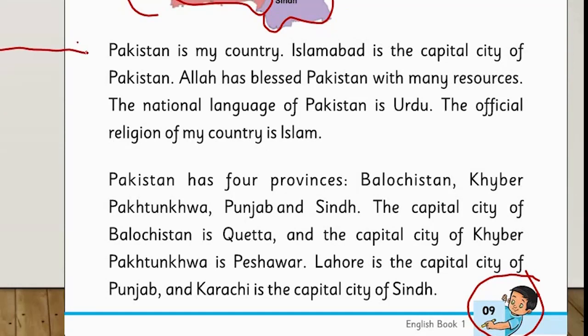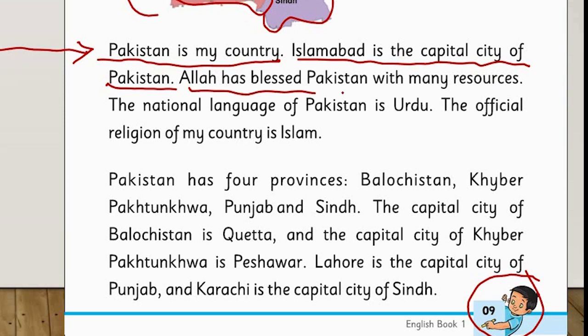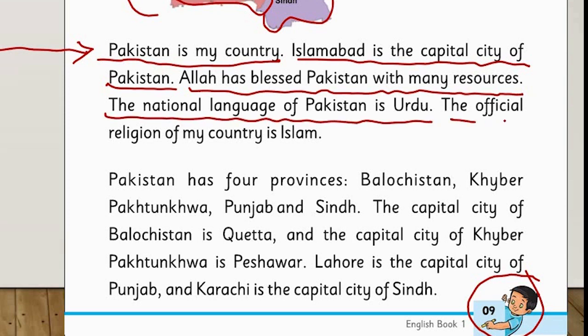Kindly follow my instructions on page number 9 and look at the arrow where I am pointing. Pakistan is my country. Islamabad is the capital city of Pakistan. Allah has blessed Pakistan with many resources. The national language of Pakistan is Urdu. The official religion of my country is Islam.